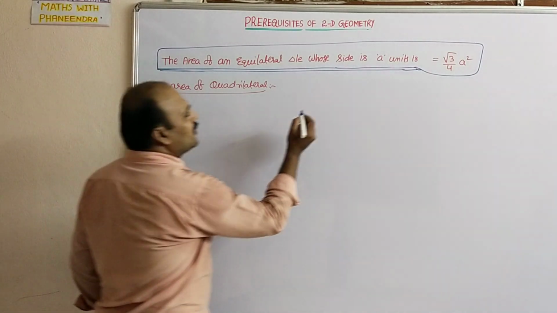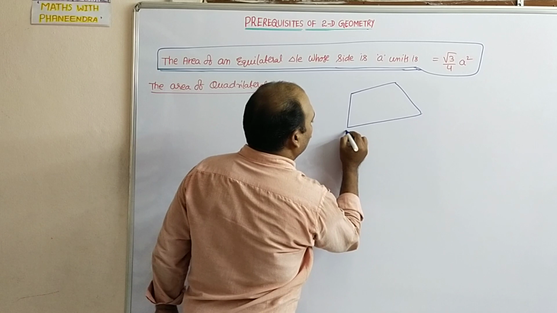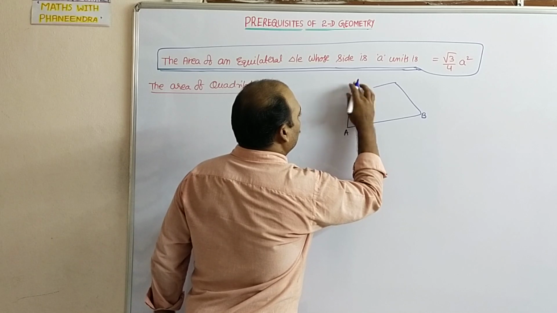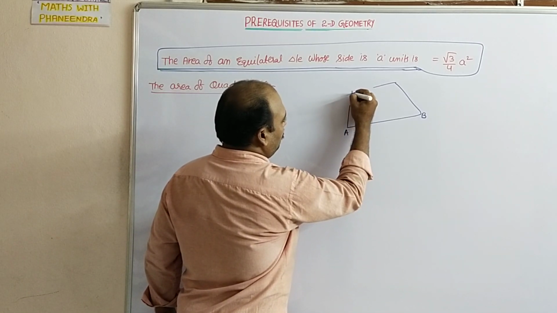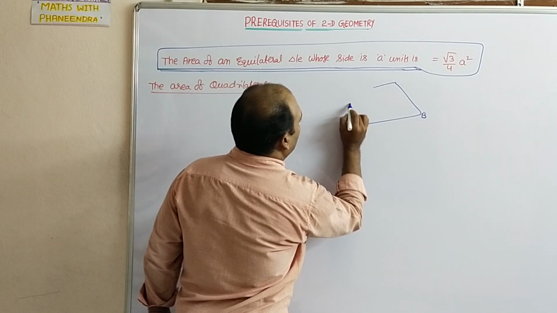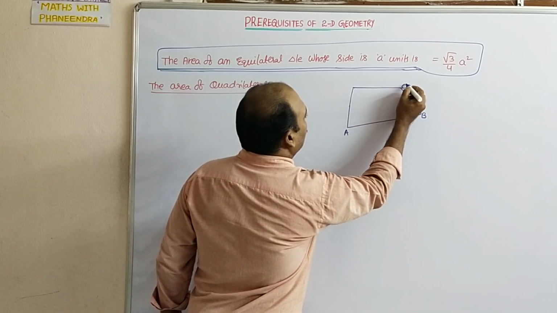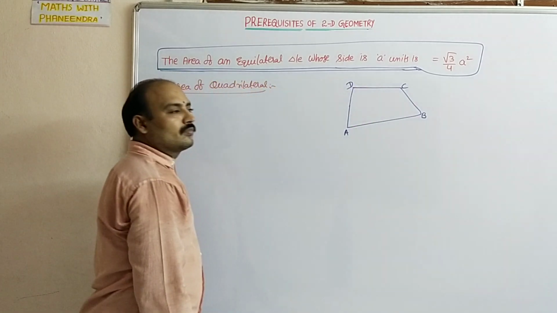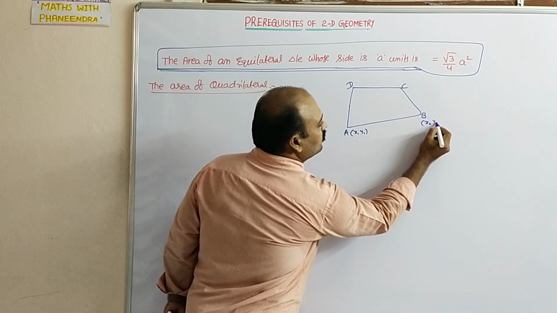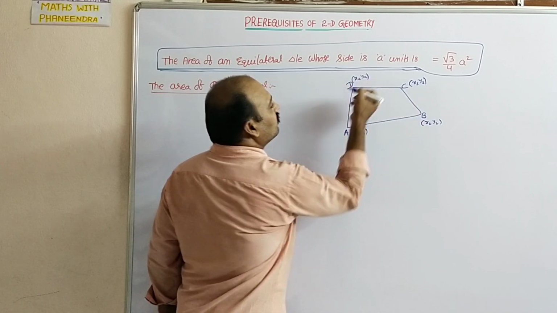See here, a quadrilateral means four points A, B, C, D. A of x1, y1, B of x2, y2, C of x3, y3, D of x4, y4.